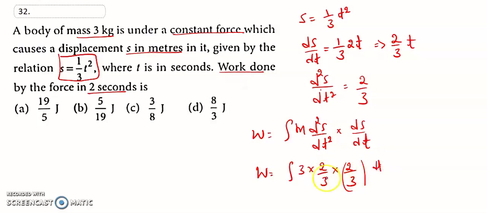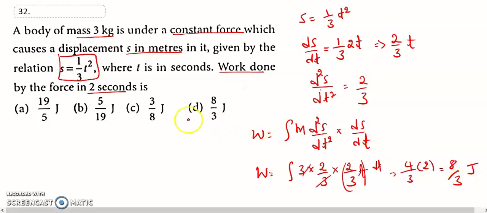Now the 3 gets cancelled, so this is t, and that is equal to 4 divided by 3 into 2. So that is equal to 8 by 3 joule. So 8 by 3 means option D is the right answer for 32.